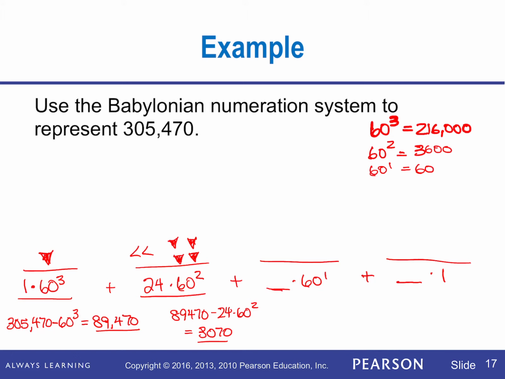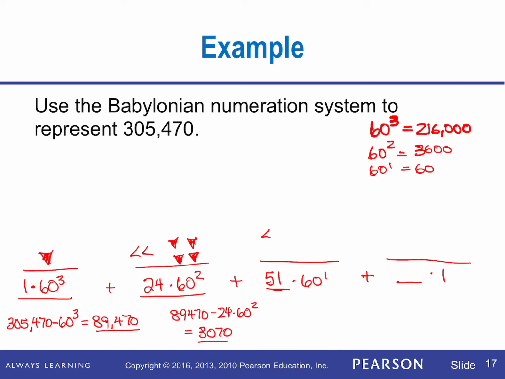This one you could do with long division or pull out your calculator, and you should find that 51 times 60 to the first is still less than 3,070. If I do 52 times 60 to the first, I'm greater than 3,070. So I get 51 60s.